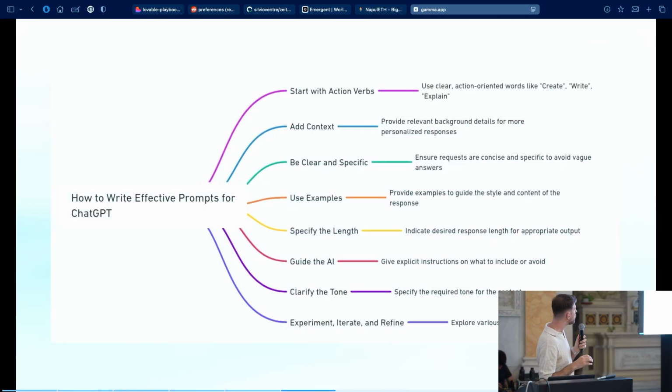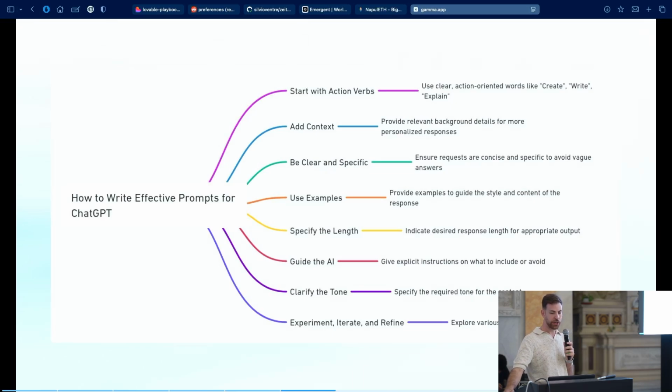In particular, I don't know if it's big enough to read something, but here are like 9 rules to write an effective prompt. So you have to start with action verb. Basically, you have to define the request as clearly as you can. So start with action verb.